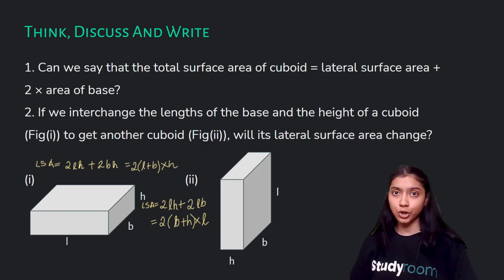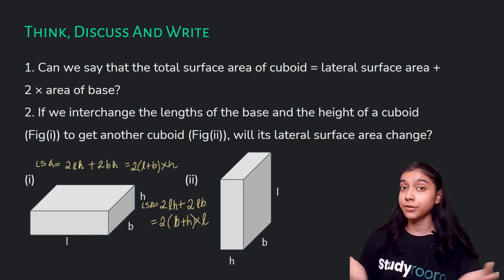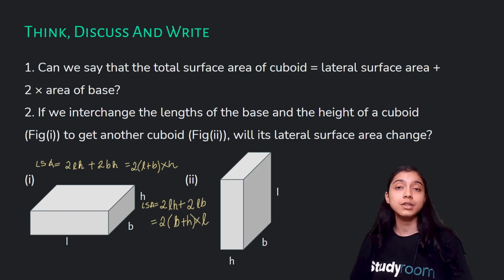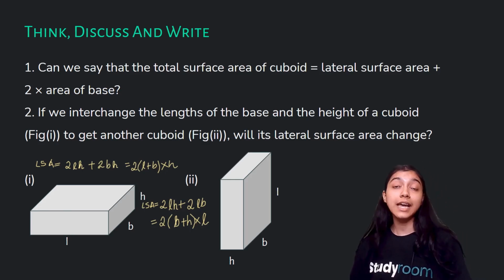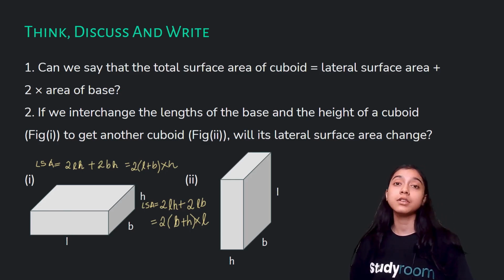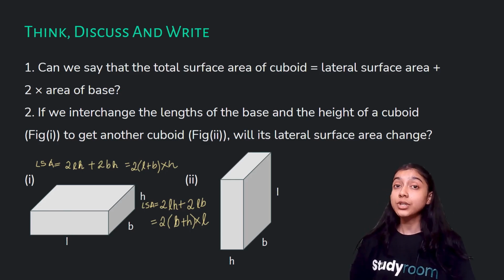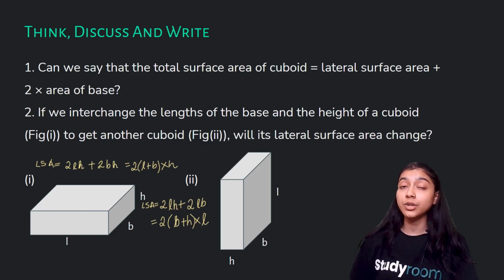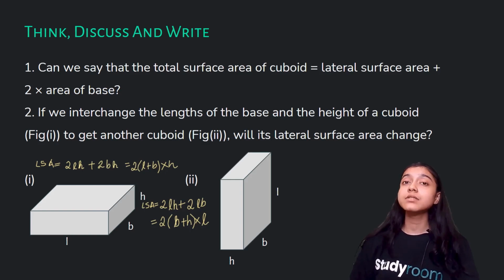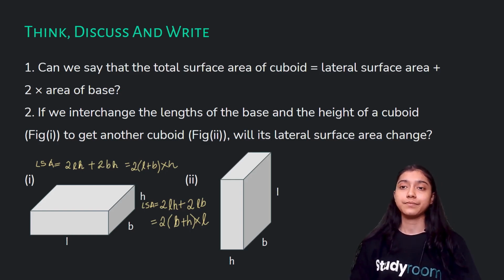That means the area of each base will be multiplied with 2 and then adding it up with the area of the 4 walls, that is lateral surface area, will result in the total surface area of the cuboid. So this is an important relationship between the lateral surface area and the total surface area of a cuboid. That is, the total surface area of a cuboid will be equal to the lateral surface area of a cuboid plus 2 times the area of its base.